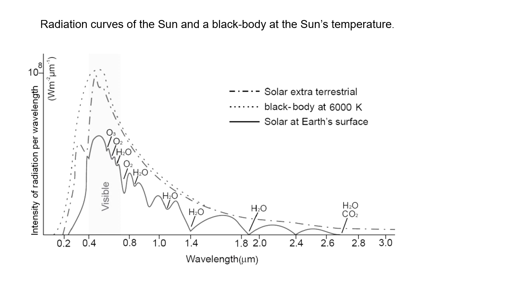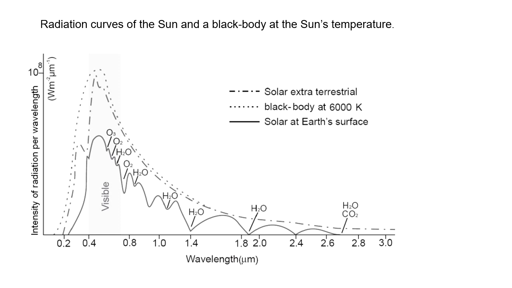Measuring solar radiation at the Earth's surface shows the spectral distribution of energy radiated from the sun, and the relative depths in this curve indicate the absorption by the different gases in the atmosphere. The vertical scale shows the intensity of the radiation per wavelength.